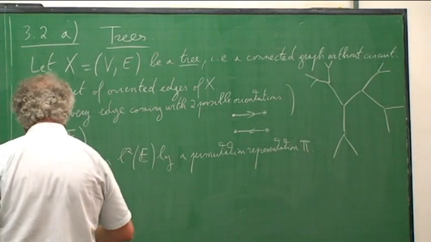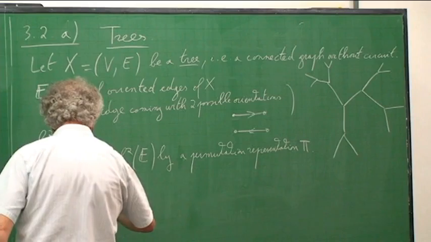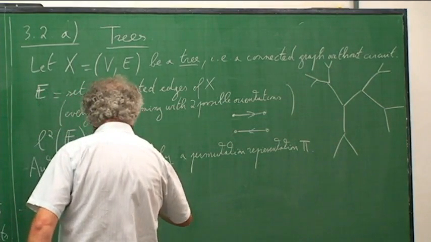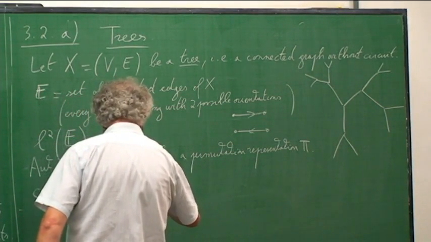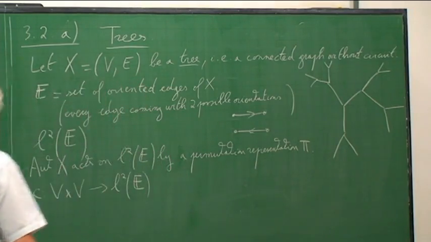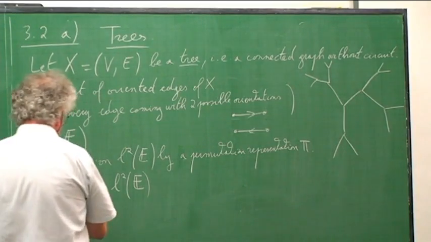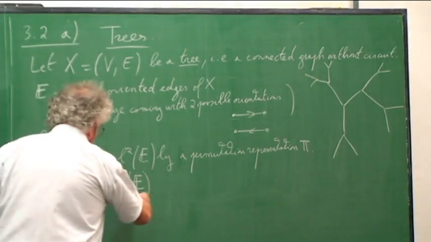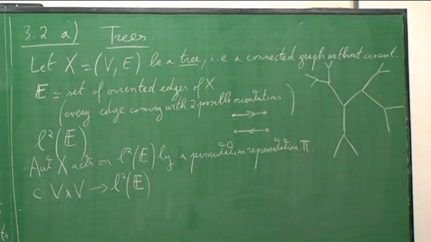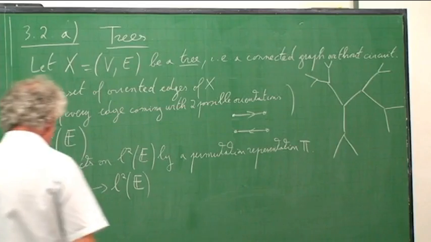Now, I'm going to define a two-variable map from V into L2 of oriented edges.